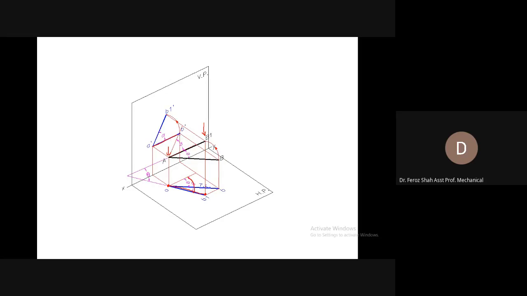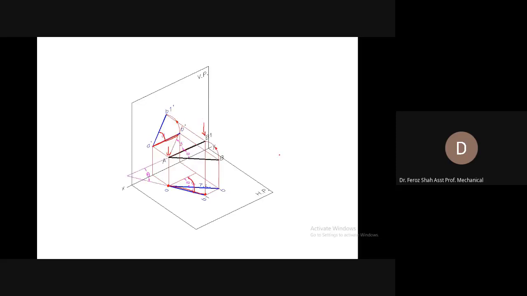Previously, the front view was parallel to the XY reference line. Now the front view is at some greater angle as compared to angle 0. Initially it was parallel, so theta was 0. Now this new position is at some greater angle as compared to 0 with the XY reference line. So this has also increased.